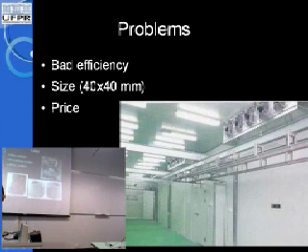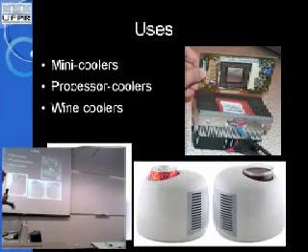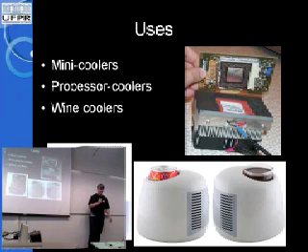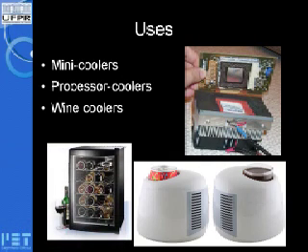So, uses now. The first thing you could imagine doing with this plate, this thermoelectric cooler, is mini coolers. You could cool your drink, your soda can, sometimes powered just by a USB cable. So it's cool for little things.